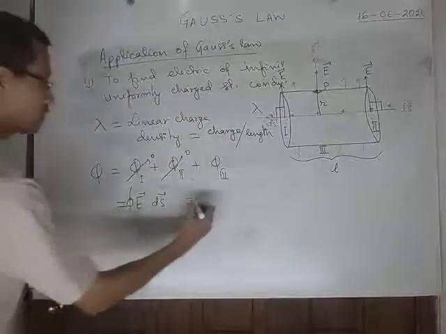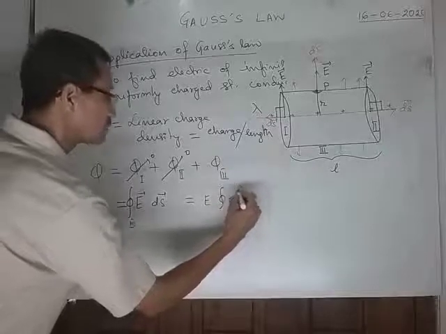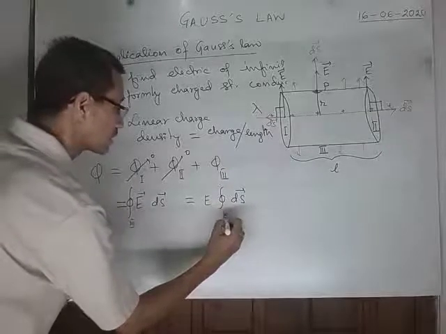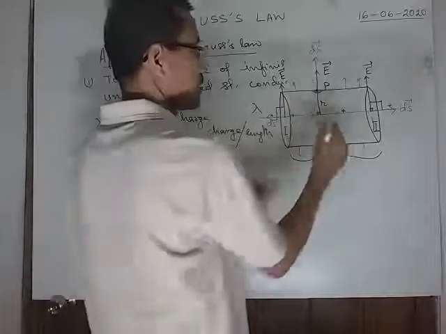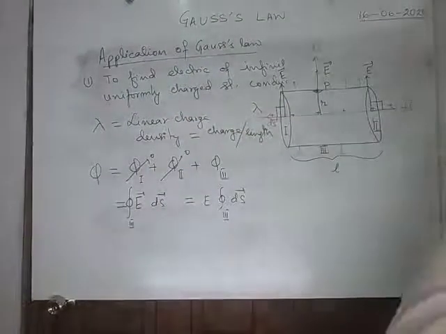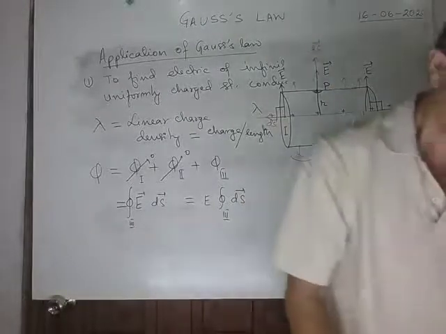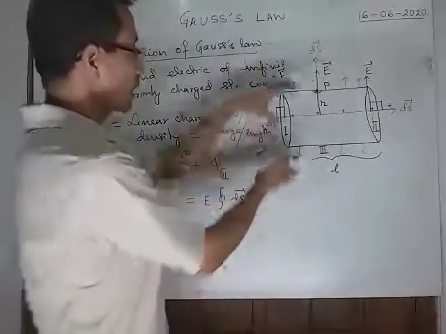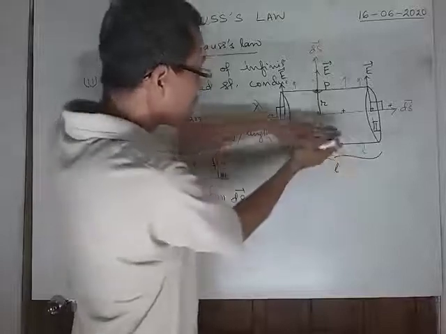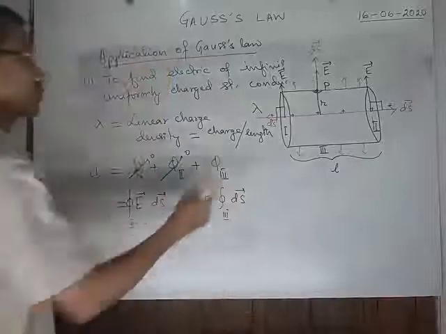So we will take E outside, and we need to integrate over the whole curved surface area. Now when you cut this cylinder and open it, it will be just like this. Let me take one paper. Okay, let it be. So when you cut somewhere here and open it, it will be in the form of a rectangle, right? Whose area will be what?